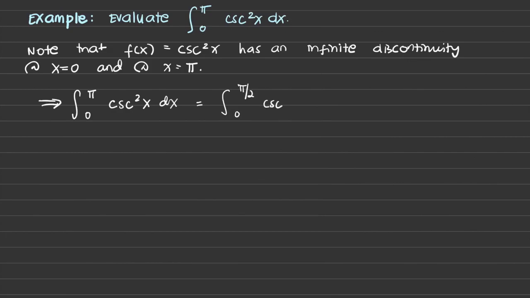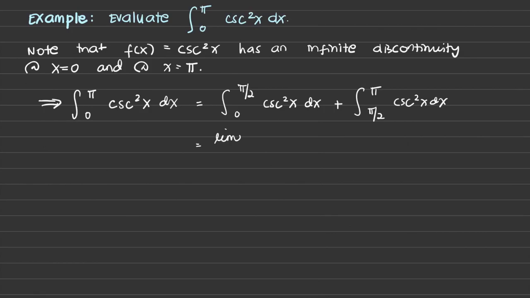So, we can write that as the integral from 0 to pi over 2 of cosecant squared dx plus the integral from pi over 2 to pi of cosecant squared dx. And then, to each integral, we will apply number 1 and number 2 from improper integrals type 2. So, just rewriting everything. So, the first term, you replace the 0. So, let's choose, let's say, we're bored of the English alphabet, and I don't want to draw, so let's use the Greek alphabet.